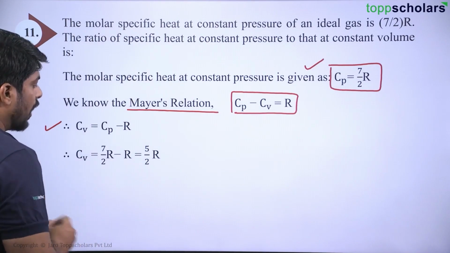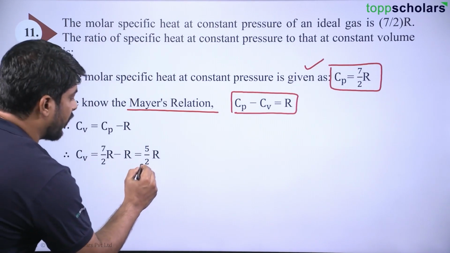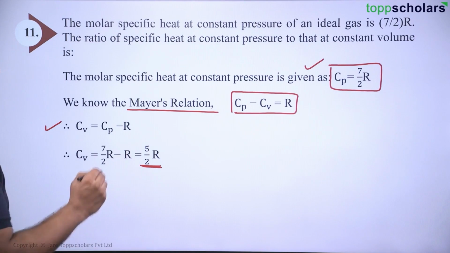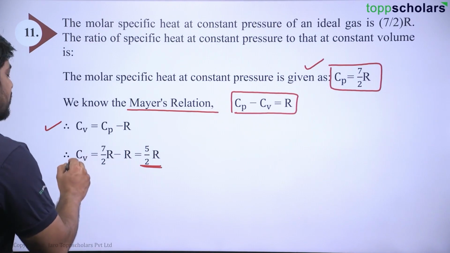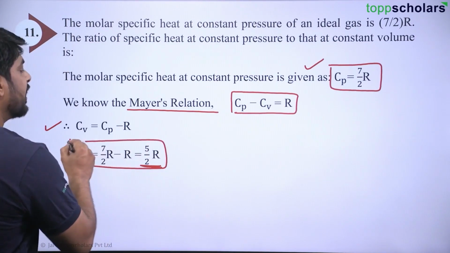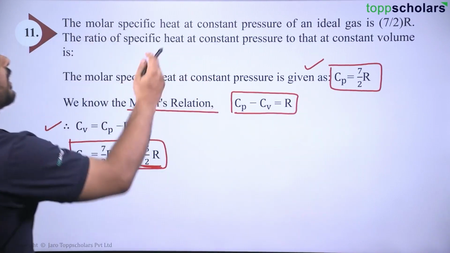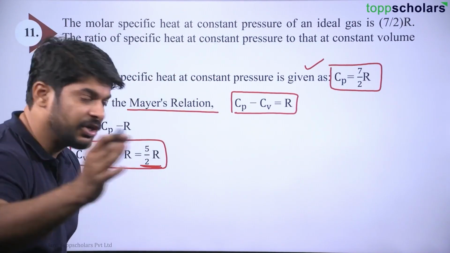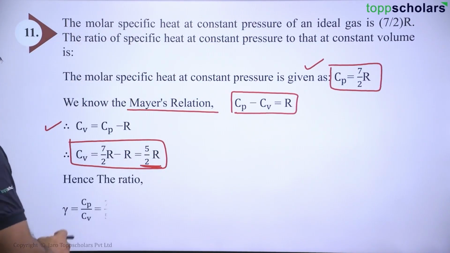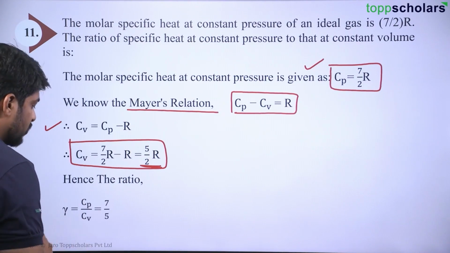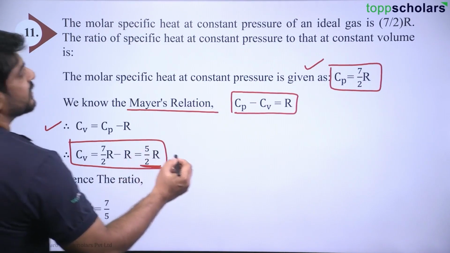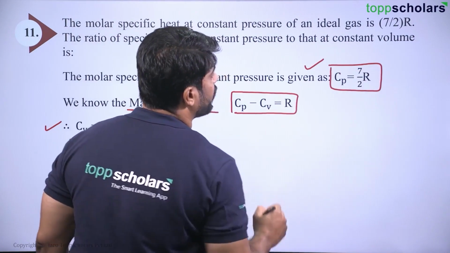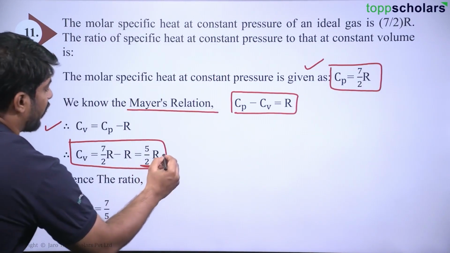So 7/2R minus R is equal to 5/2R, isn't it? Now we have the value of Cv also. We already had the value of Cp, and now what we want is the ratio. So the ratio Cp upon Cv is equal to 7/5, isn't it? Cp is 7/2R and this is 5/2R.